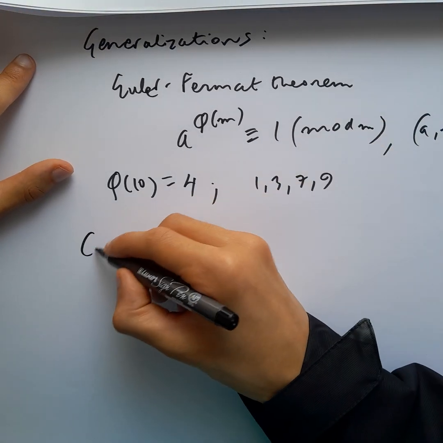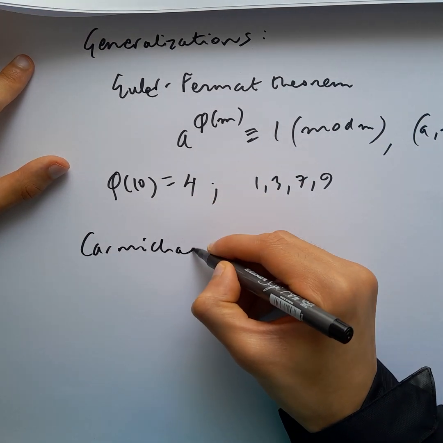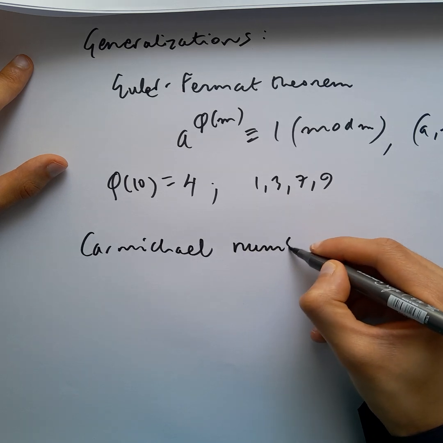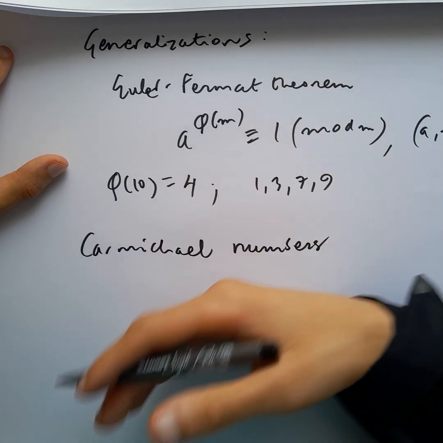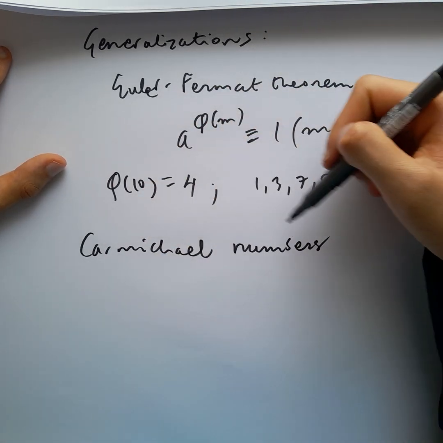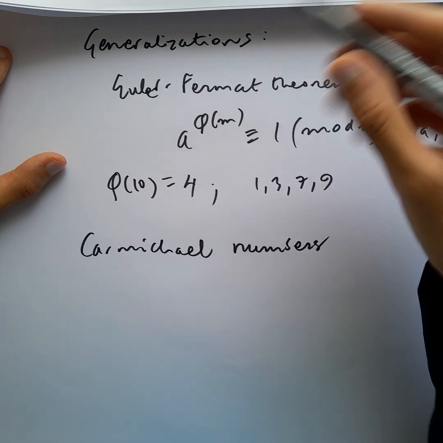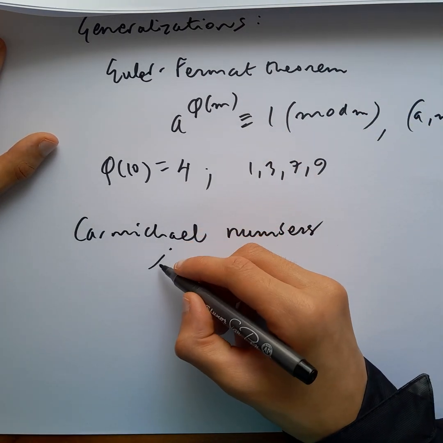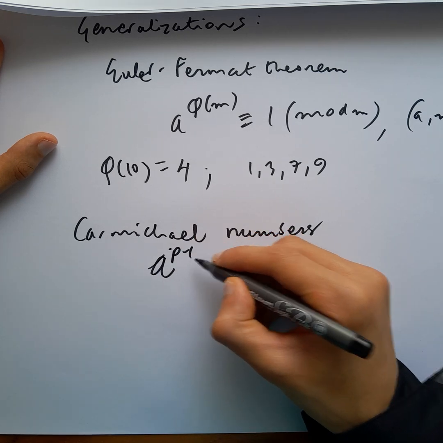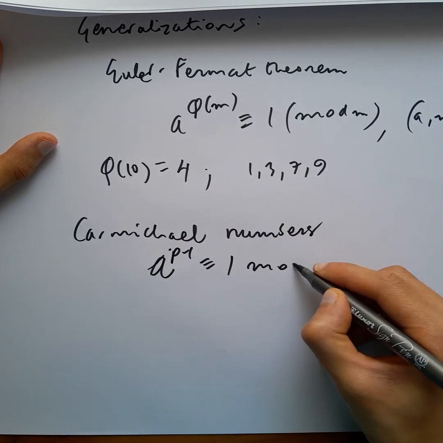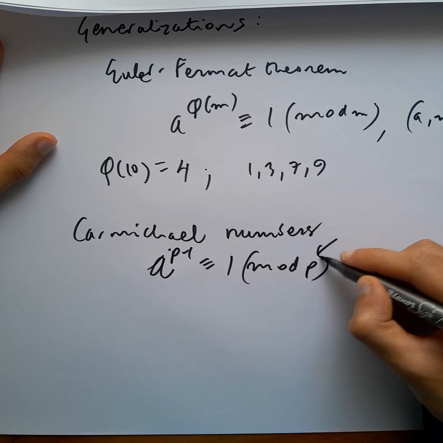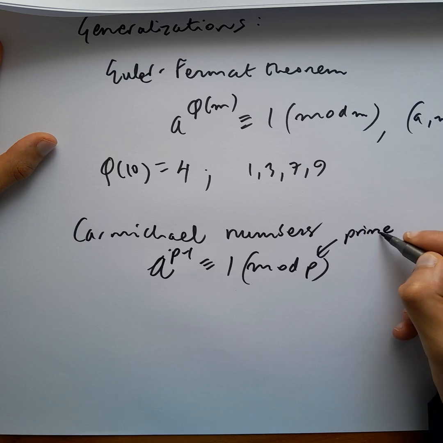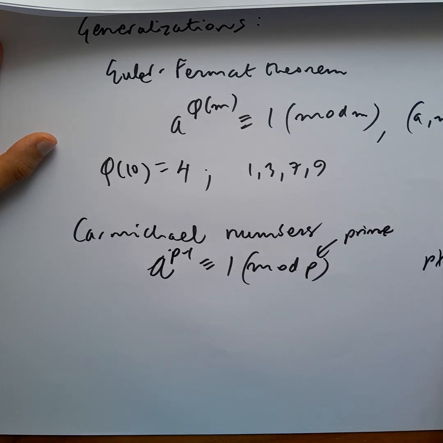So now we'll talk about Carmichael numbers. Well, we won't talk a lot about Carmichael numbers in this video, but just to give an idea. Fermat's little theorem says that a^(p-1) is congruent to 1 mod p if p is a prime and p does not divide a.